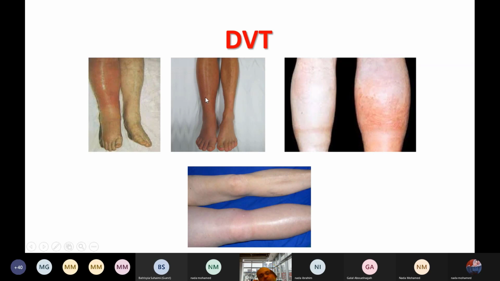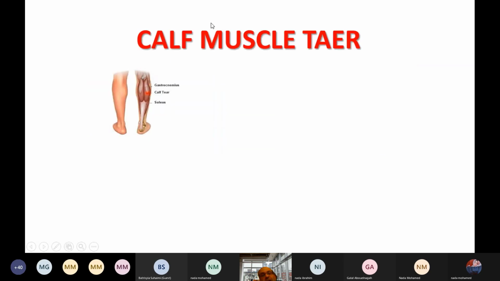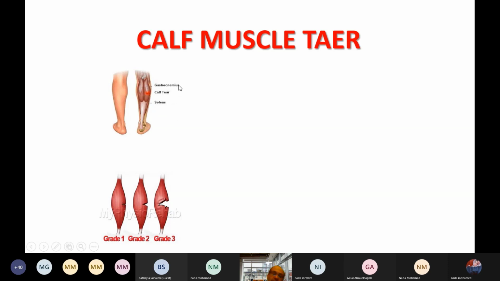So in DVT, posterior-anterior compression gives more pain than side to side. In calf muscle tear, side to side is more painful than posterior-anterior. Why? Because when I compress the muscle side to side, I compress the gastrocnemius or soleus, and the patient will experience more pain from side to side than posterior-anterior.